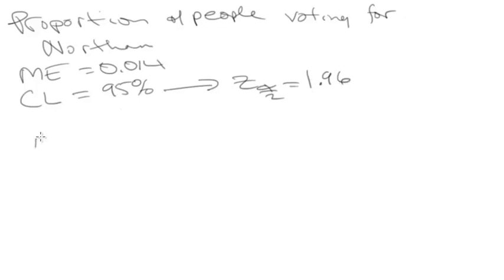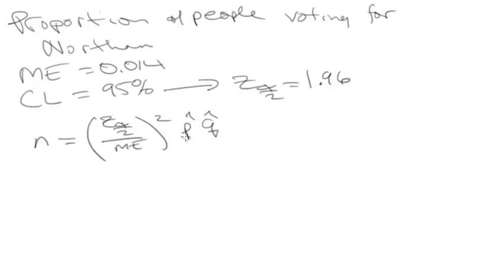So here's our formula. N is going to be the critical value divided by the margin of error, that whole thing squared, times some p-hat times some q-hat. And we do have a p-hat from a previous study.